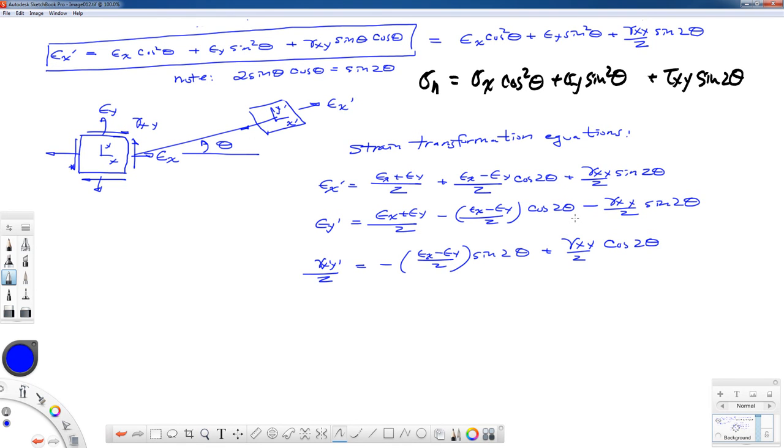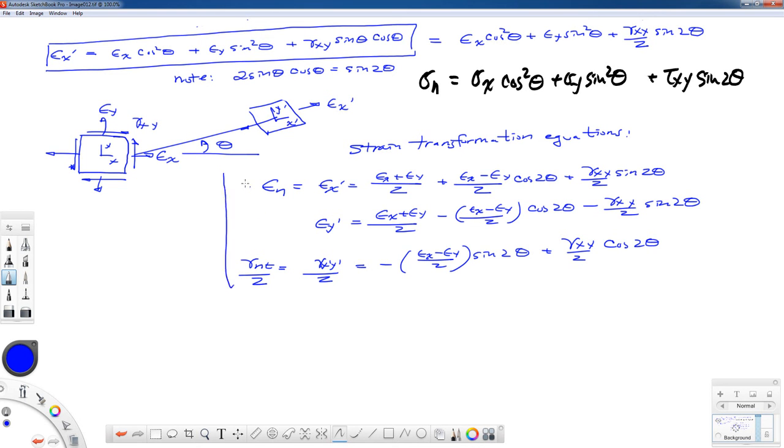It'll turn out to be gamma x prime y prime over 2, there's that factor of divide by 2, is equal to minus quantity epsilon x minus epsilon y over 2 sine 2 theta plus gamma xy over 2 cosine 2 theta. When it's convenient, I may refer to this as epsilon n, and I may refer to this one as gamma nt divided by 2.